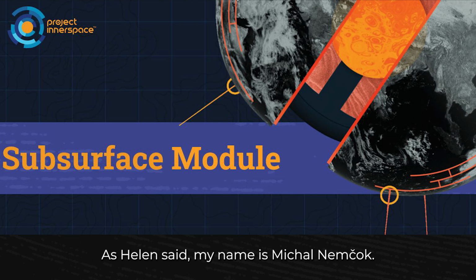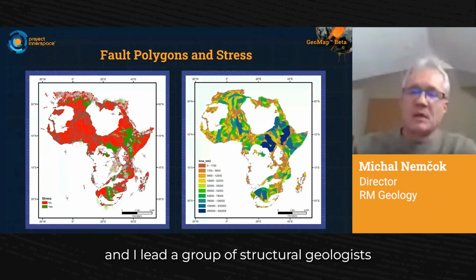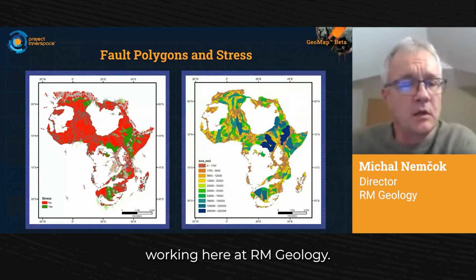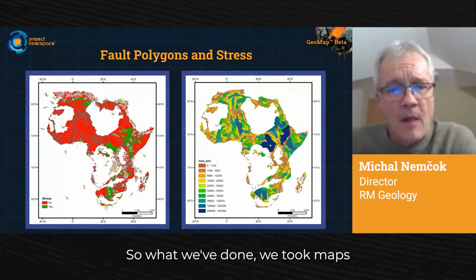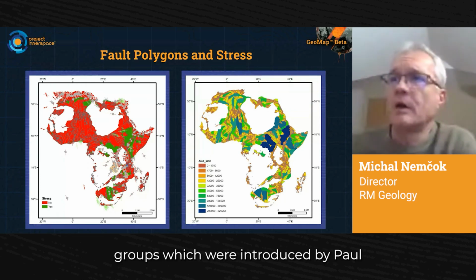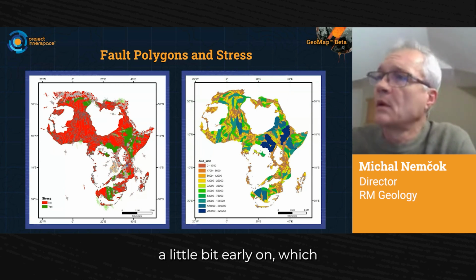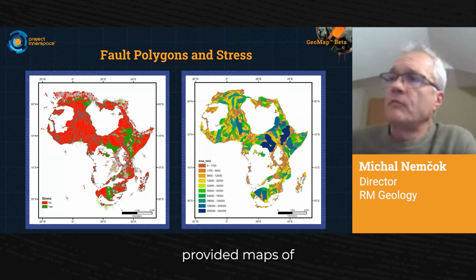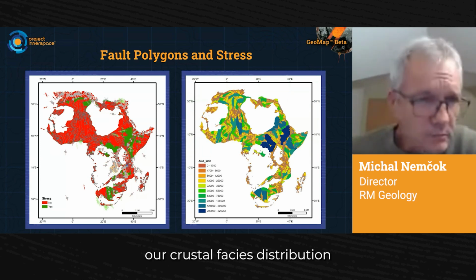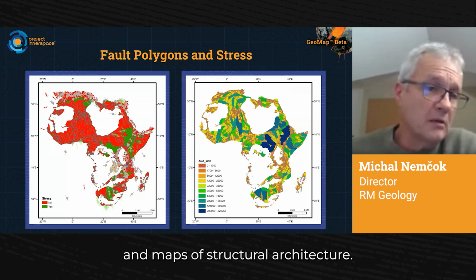Hello. As Helen said, my name is Michal Demchuk, and I lead a group of structural geologists working here at RM Geology. What we've done, we took maps generated by groups which were introduced by Paul a little bit early on, which provided maps of crustal facies distribution and maps of structural architecture.